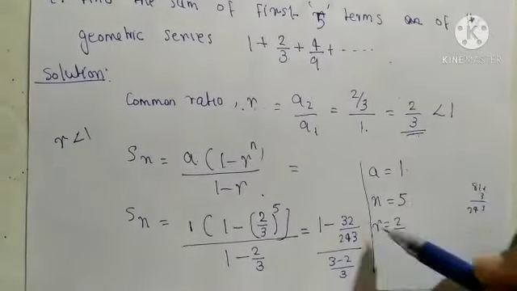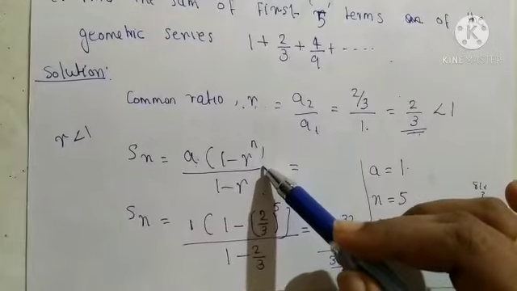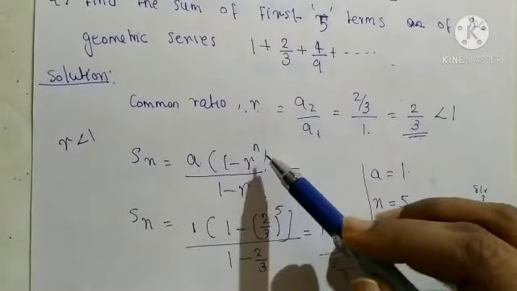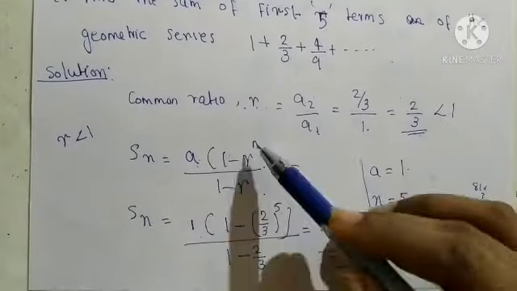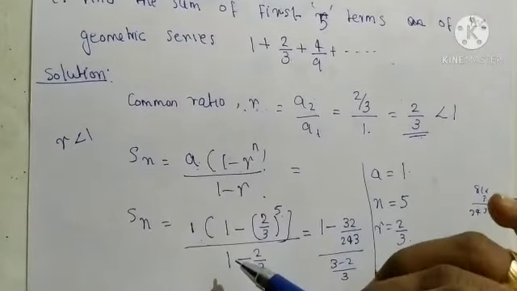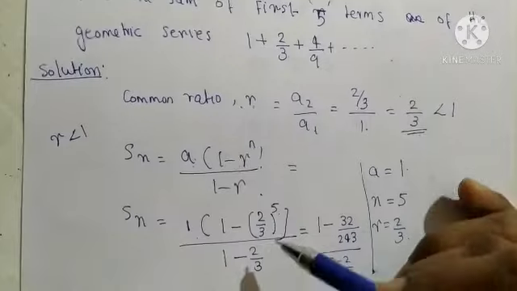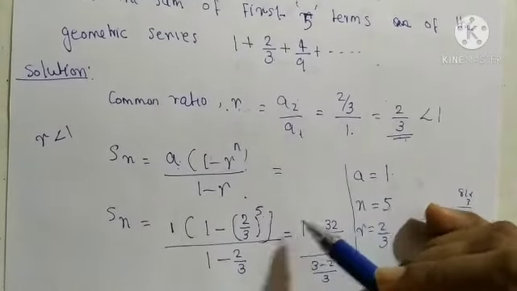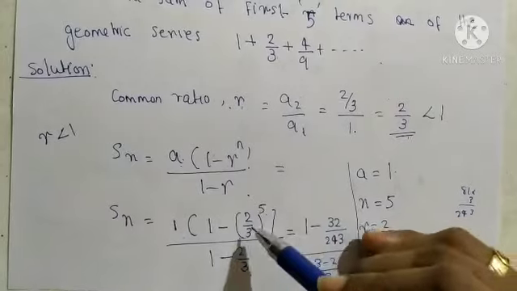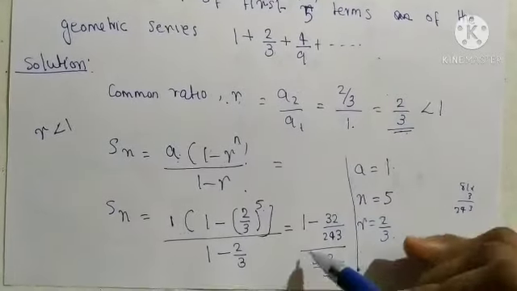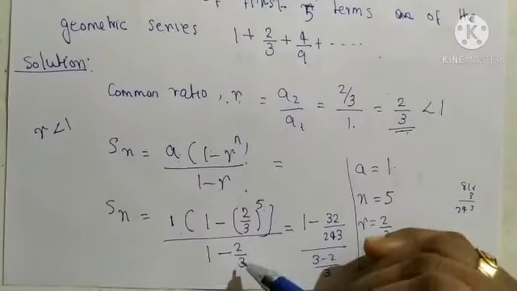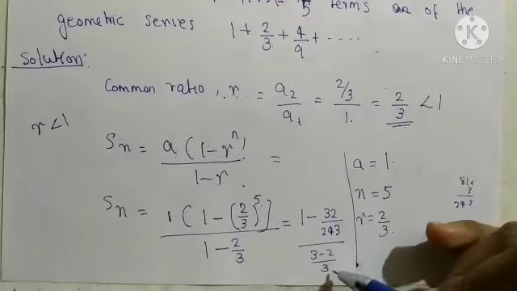Substituting all these values in this formula, we get 1 into (1 minus (2/3) whole raised to 5) whole divided by (1 minus 2/3). So from this we get 1 minus 2 raised to 5 is 32, 3 raised to 5 is 243, divided by, cross multiplying on the denominator, we get (3 minus 2)/3.